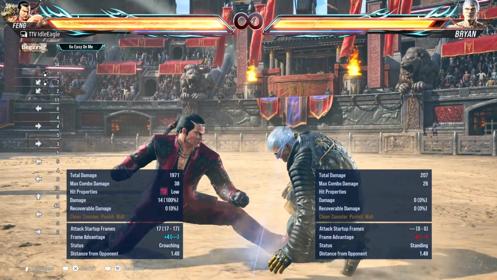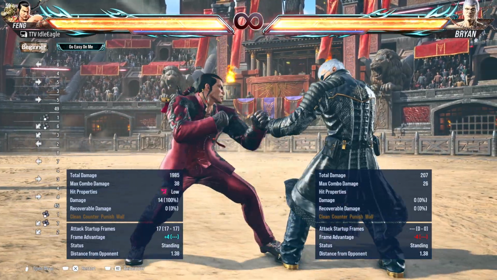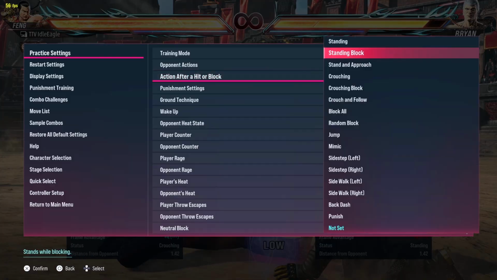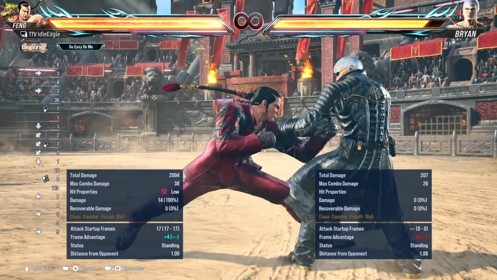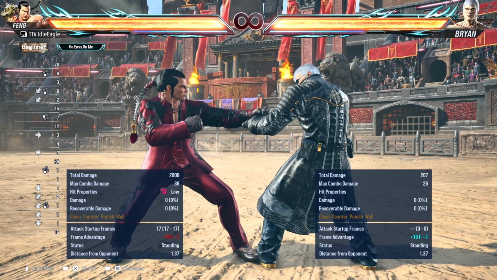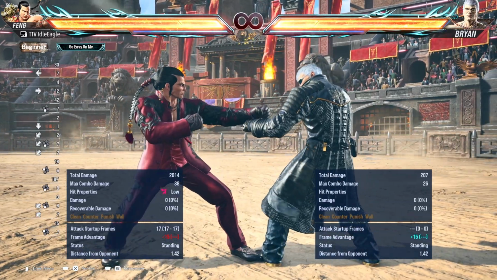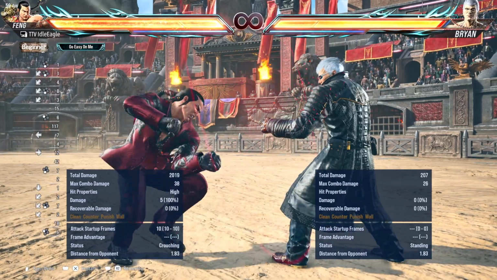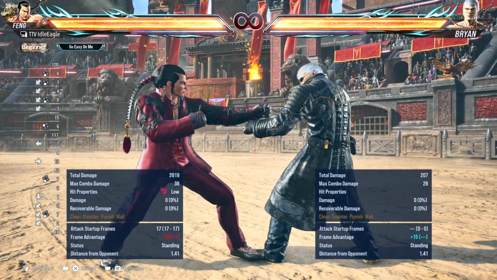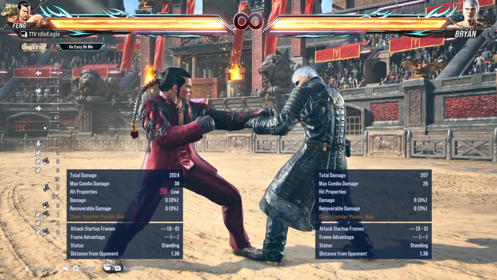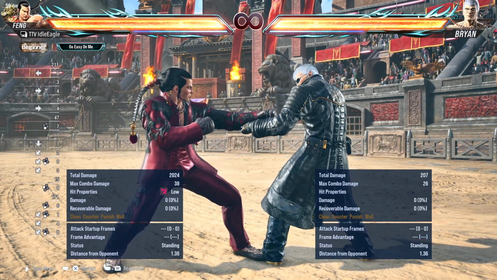But generally, you see how that says +4, and it's quick? Well, the reason that's +4 is because if it gets blocked, I'm -15 there. And generally, if you're -15, you are getting launched, with a couple of exceptions, if your opponent is on their A game.